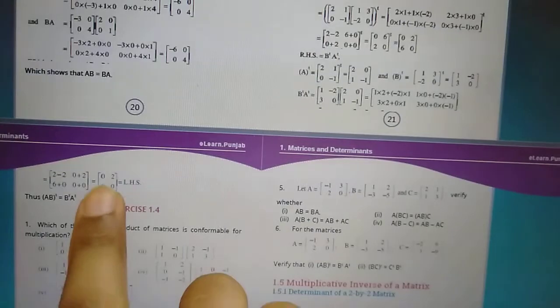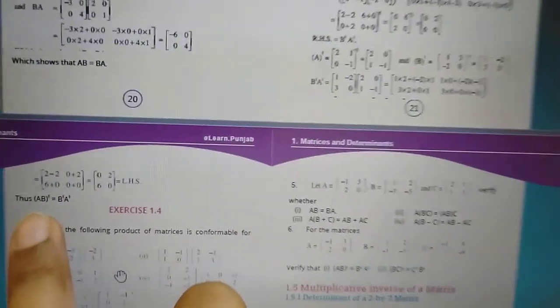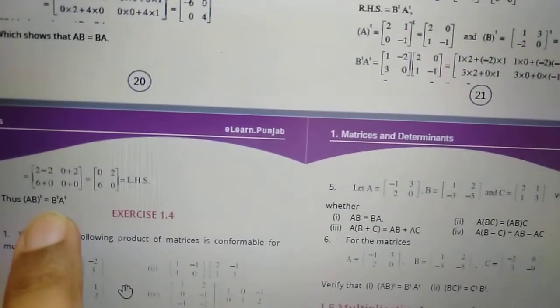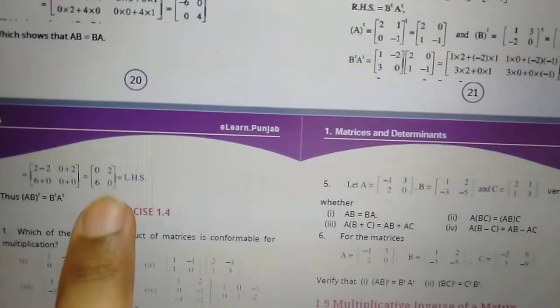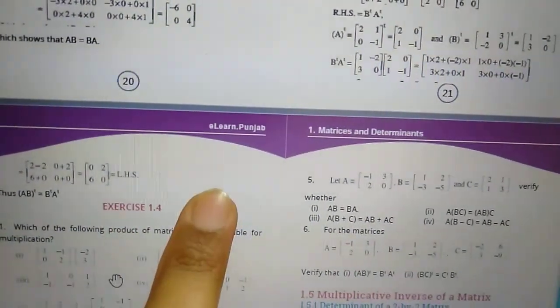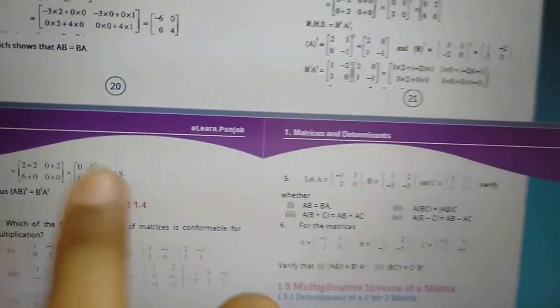The answer will be equal to the left hand side, so we can write it like this: AB whole transpose is equal to B transpose A transpose, or we can write it as left hand side is equal to right hand side. Proved. So that's how we will solve the example.